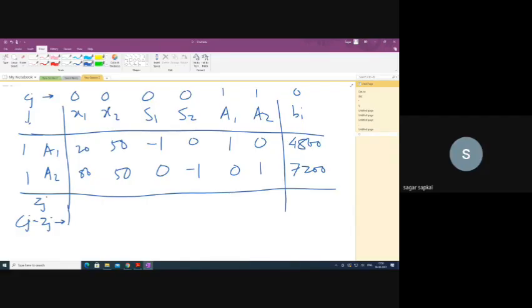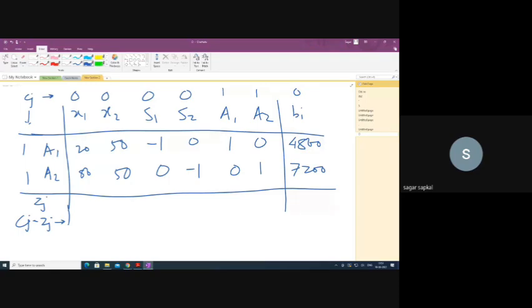And the purpose of this converted standard form is to complete the first phase, in which we are interested in removing the artificial variable from the base. If an artificial variable is present in the base, then that is not a feasible solution. The solution is called infeasible. I'll discuss that later also. But before that, try to understand this two-phase method. Okay, this much is understood.